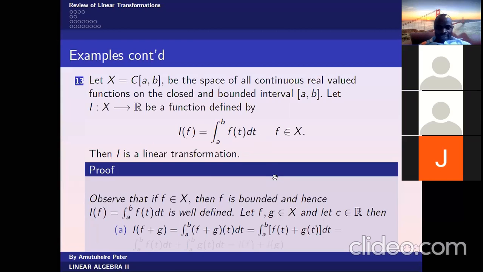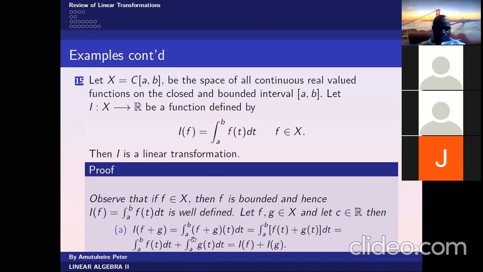So when we do that, that is the integral of f(t) plus g(t) in brackets. We continue to get the integral of f(t) dt plus the integral of g(t) dt, and we see clearly that the first one here is I of f.